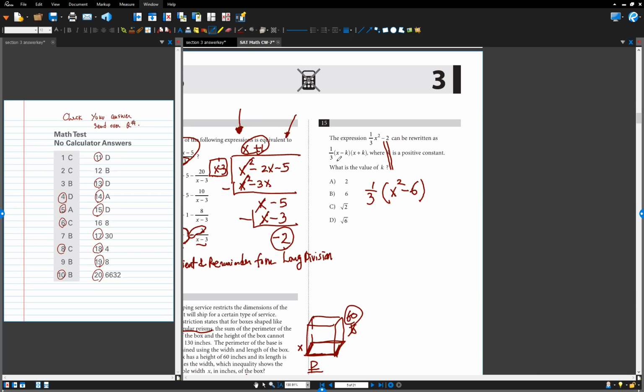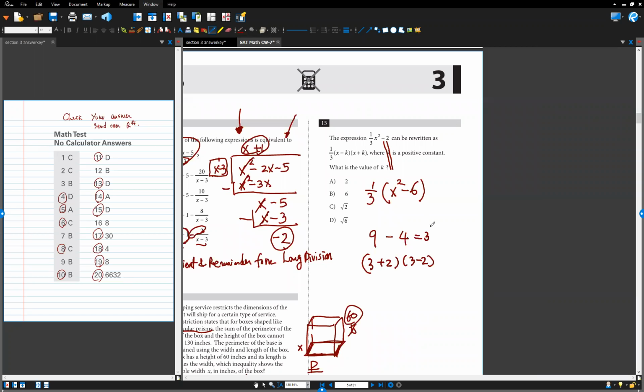Now we're going to factor this one. Usually we factor in integer form, but sometimes on the SAT we can factor with irrational numbers too. Take a look here. Usually we have 9 minus 4. I'm going to factor this one: 3 plus 2, 3 minus 2, right?